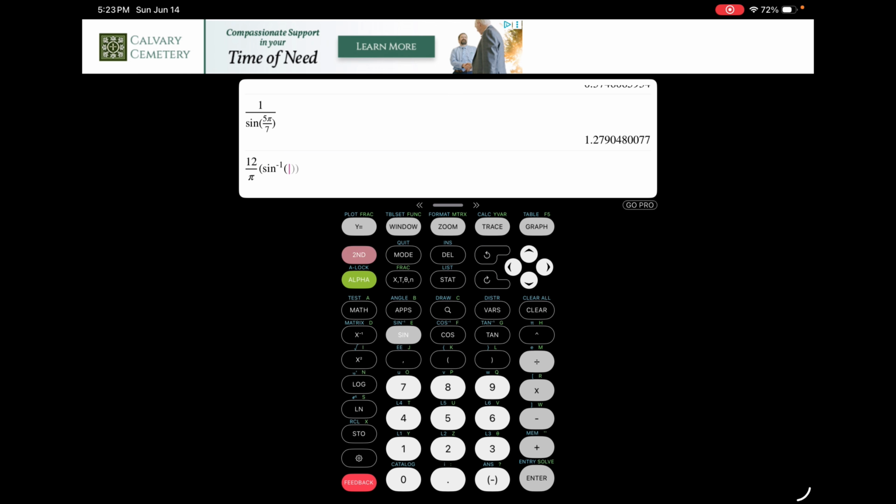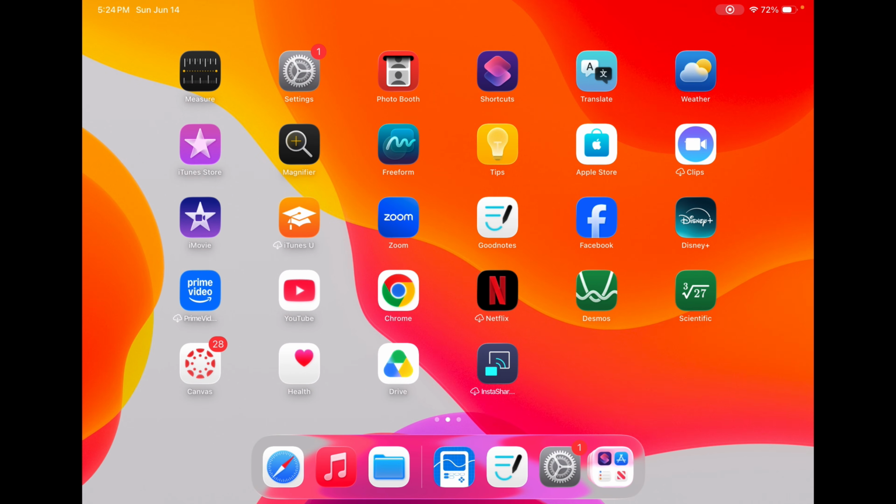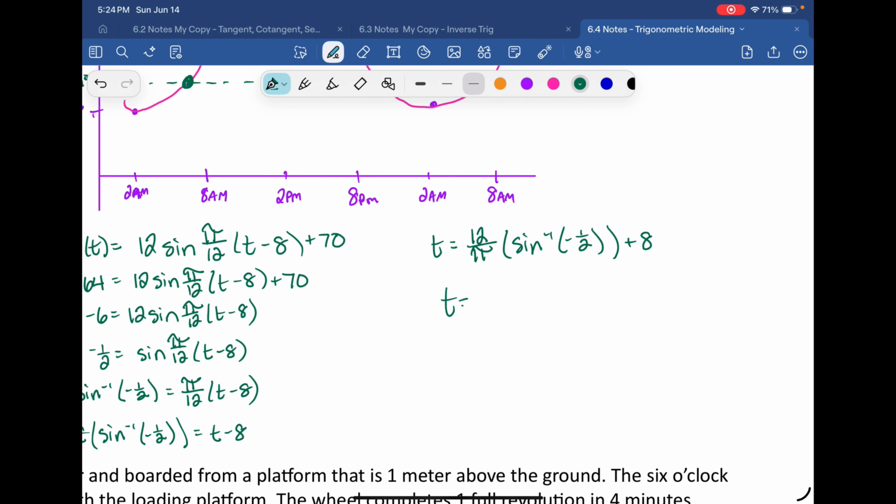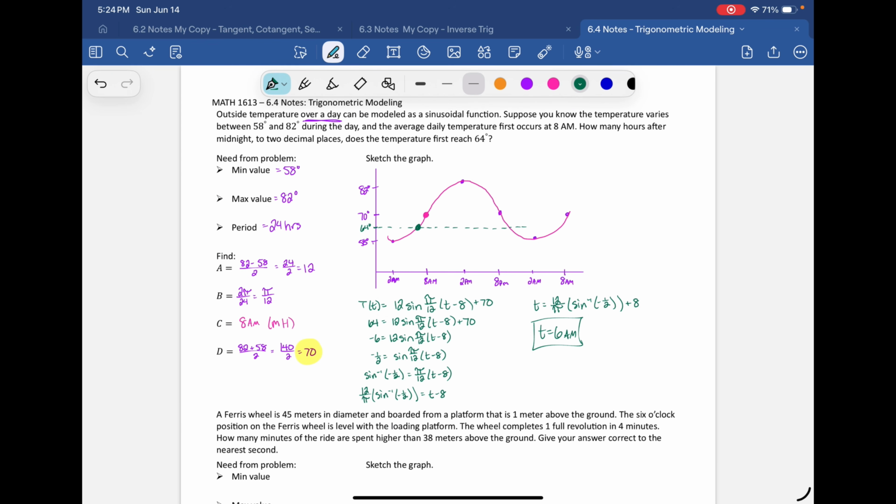Inverse sine of negative 1/2. Watch all your parentheses here. I put that in the calculator, plus enter, and then added 8. So 6 a.m. So at 6 a.m., that's the time when the temperature first hits 64 degrees.